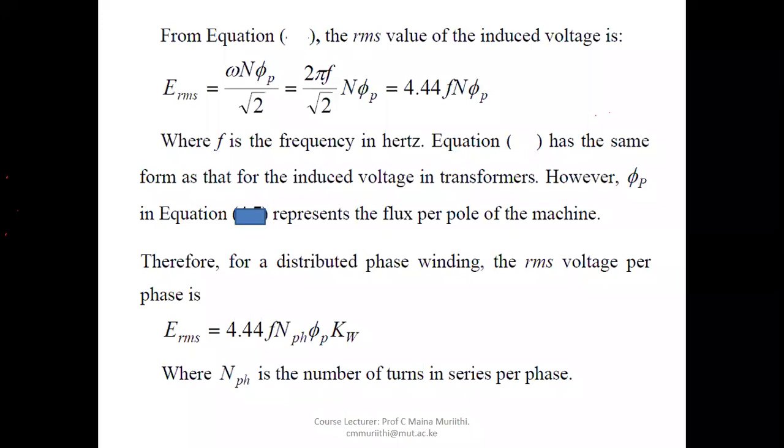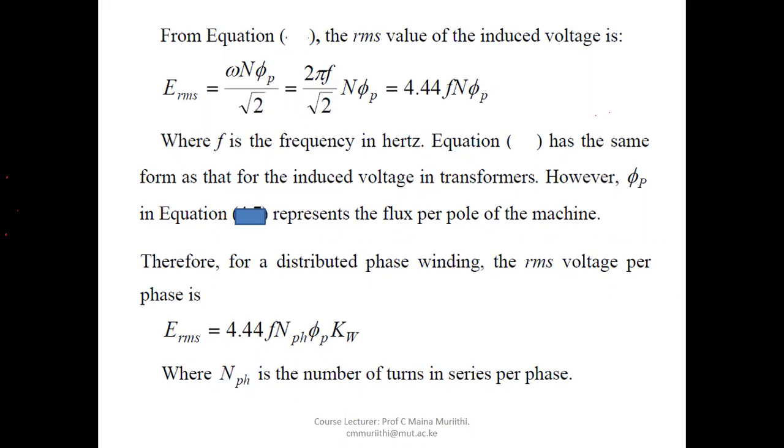And this is where we established that an induction machine is actually a revolving transformer, because the principle of operation of a transformer was based on the fact that the secondary side and the primary side are not electrically connected, they are linked magnetically. And that is the same consideration we have for the induction motor.